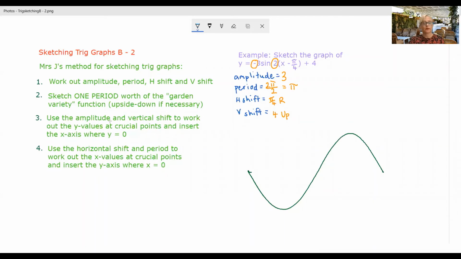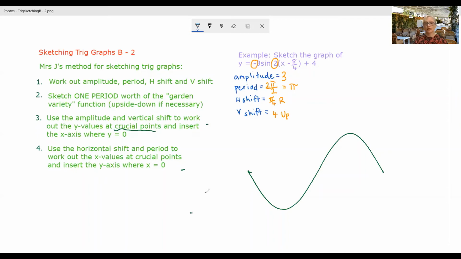Okay. Now what we're going to do is have a look at our next step in the procedure. We're going to use our amplitude and our vertical shift to work out the y values at crucial points. What do I mean by crucial points? Well, crucial points means the y values at this point, at the top point, and at the bottom point.